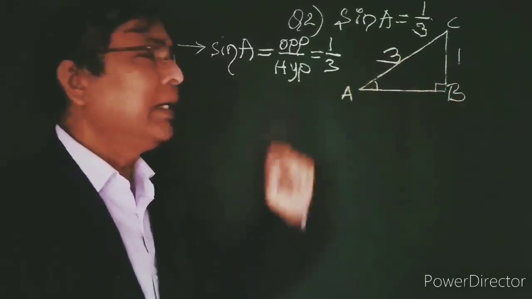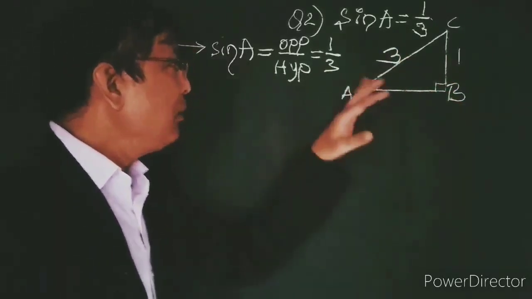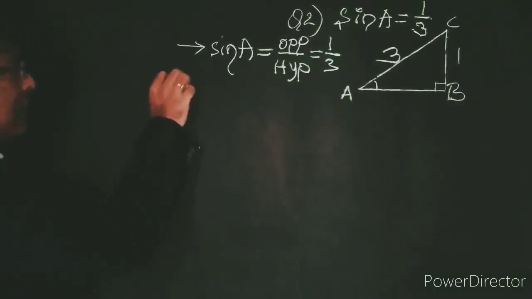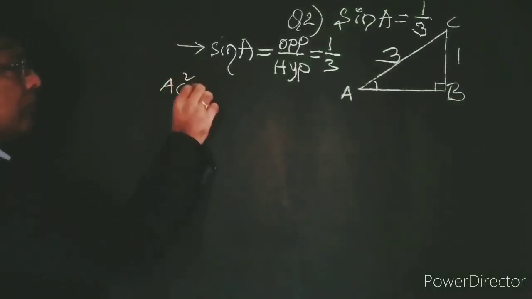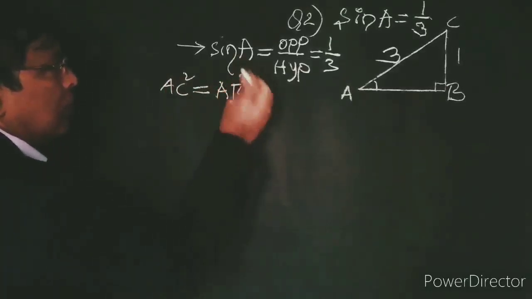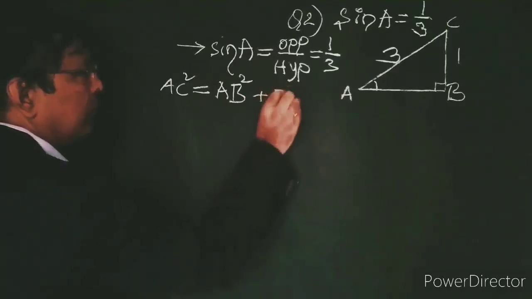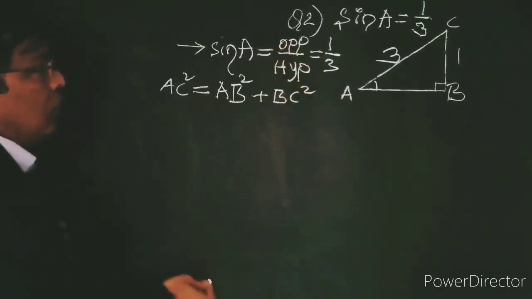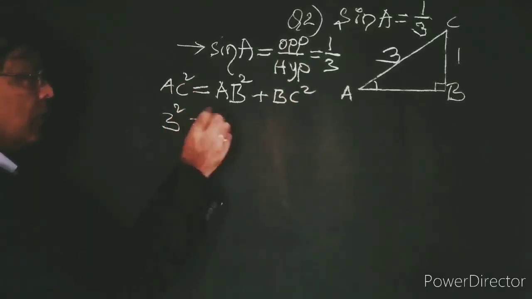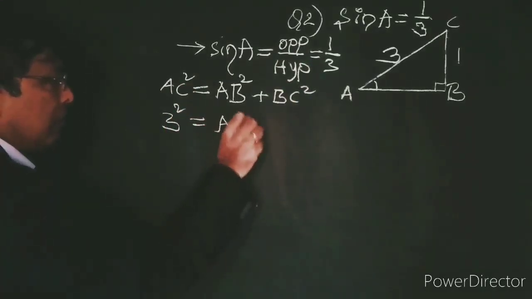The third side or remaining side can be found out by applying Pythagoras Theorem, that is AC square equal to AB square plus BC square. What is the value of AC? 3 square. We have to find out AB.